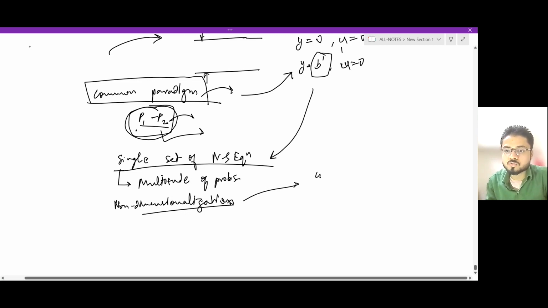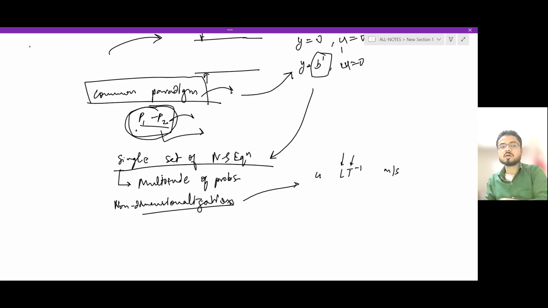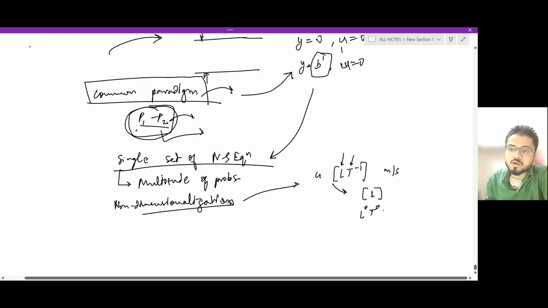For example, you have u, which has a dimension of LT^-1, where L is length and T is time. That gives you meter per second in the SI system. So you'd like to convert it into something of dimension 1, that has no dimension, that is L^0 T^0 M^0, something like that.